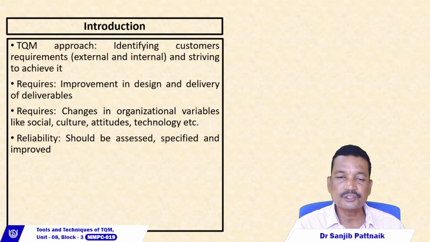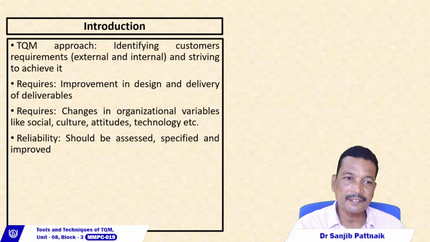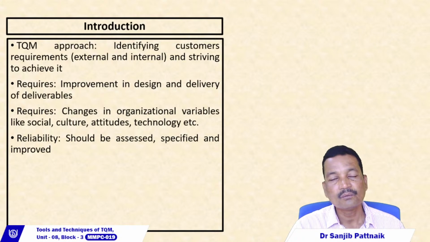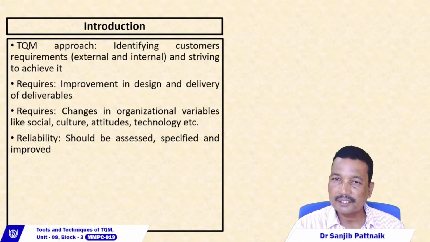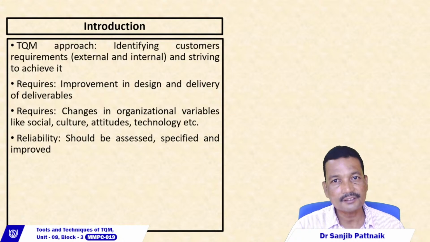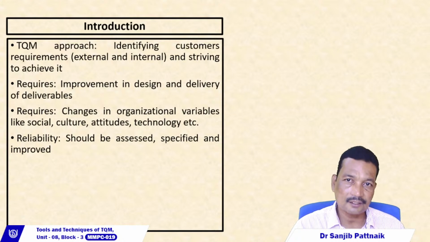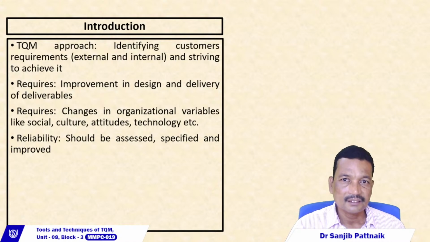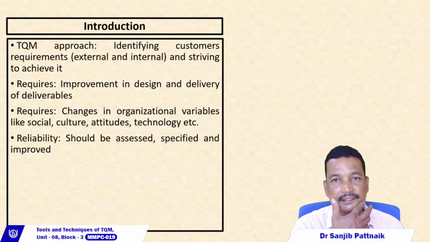Now, the social variables depend upon where the particular organization is working. This will be varying from one particular region to another region, one country to another country, one continent to another. Similar is the case of culture, the working culture.